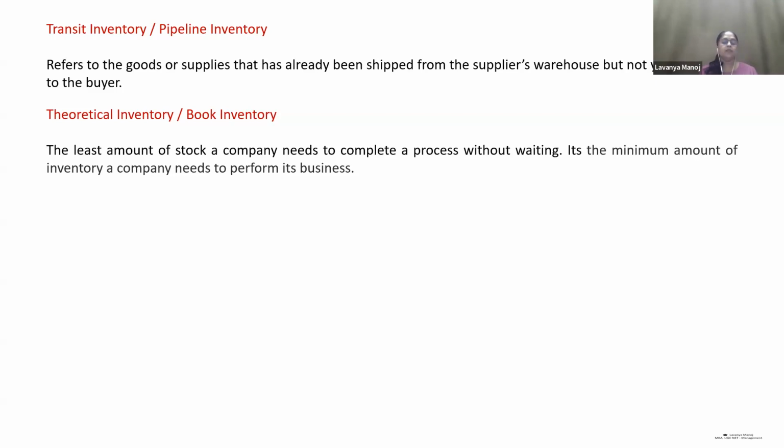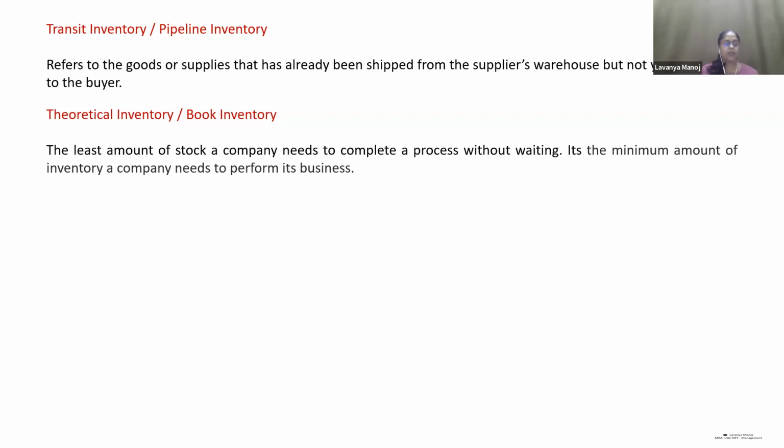But with theoretical inventory or book inventory, the inventory will not be taken out from the shelf at all. It will always remain on the shelf for a longer period of time. Only if it is required, the company takes it to the production floor. Otherwise, the products always sit on the factory floor.